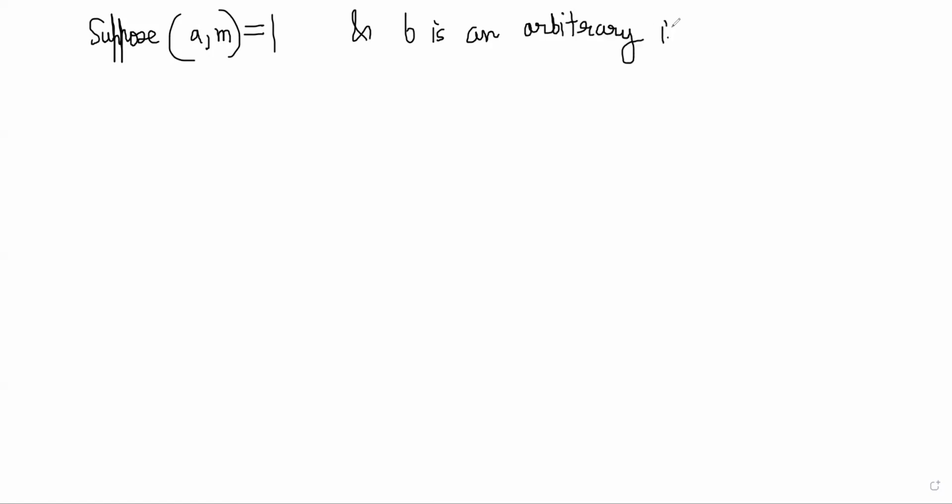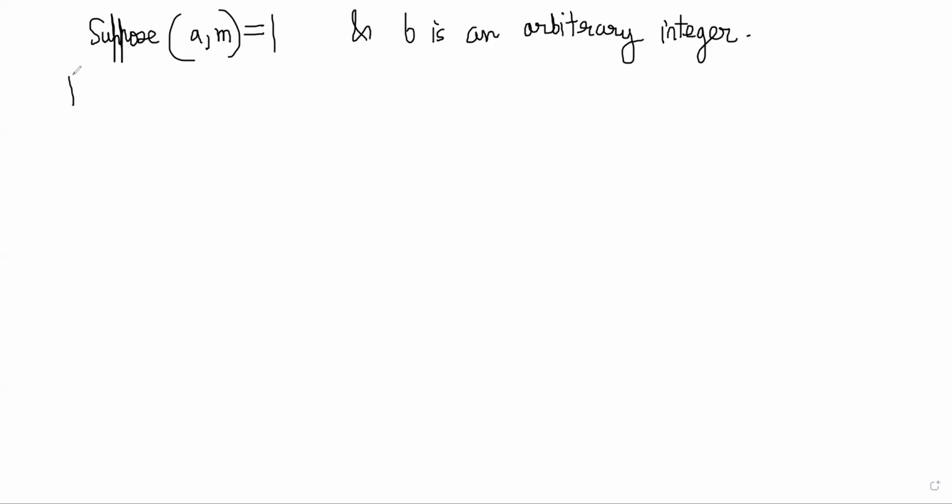The next property that we'll look at is this idea. Suppose a and m are co-prime to each other, the GCD is 1, and b is an arbitrary integer.